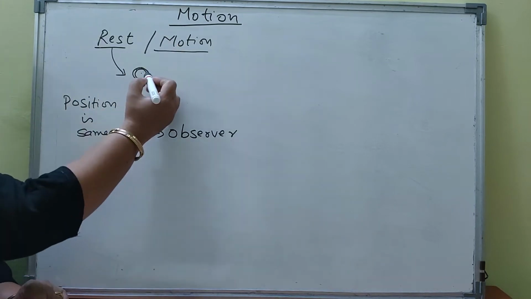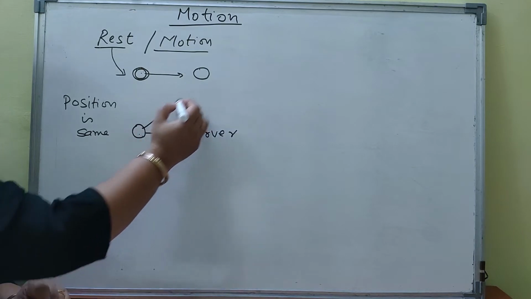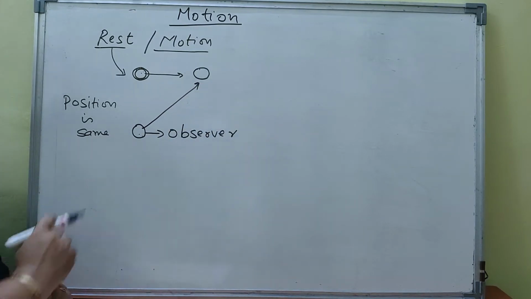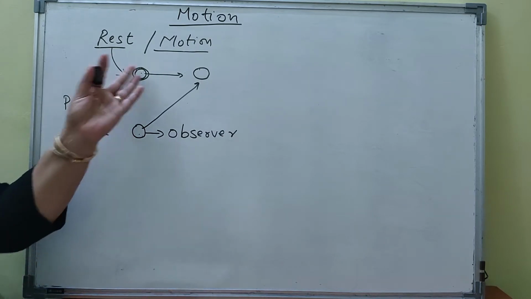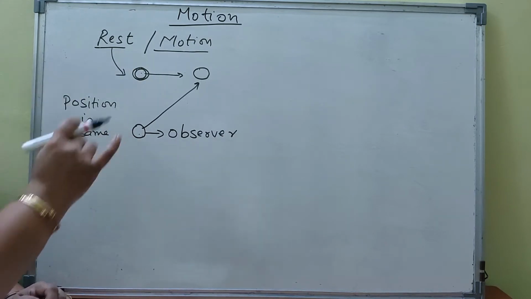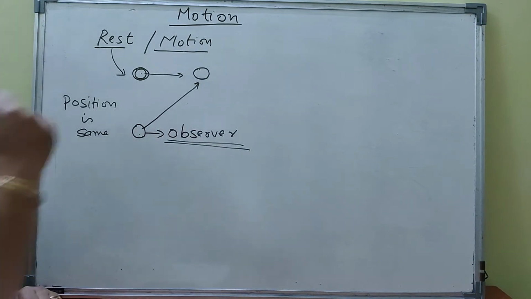If the position of this object changes with respect to the observer, then we say the object is in motion. Now, you will say this always happens when an object observes another one. Let's take an example of how the observer makes a difference.